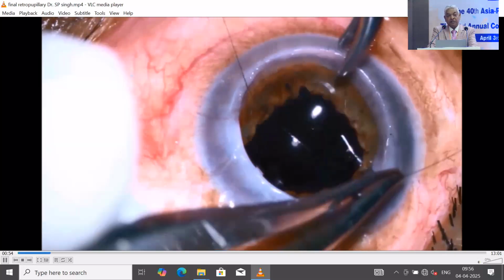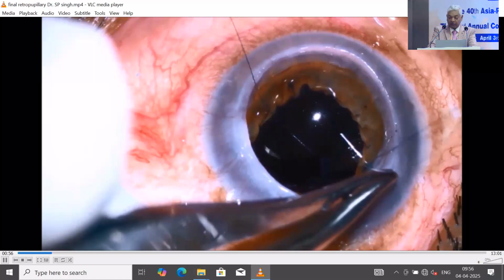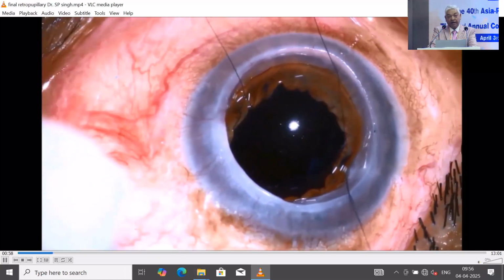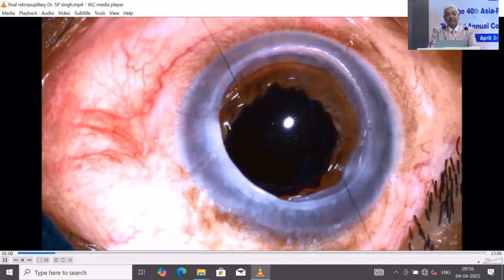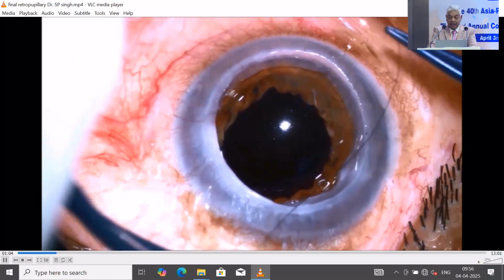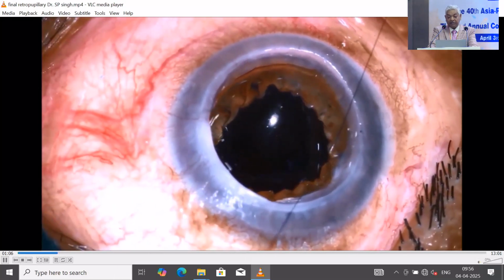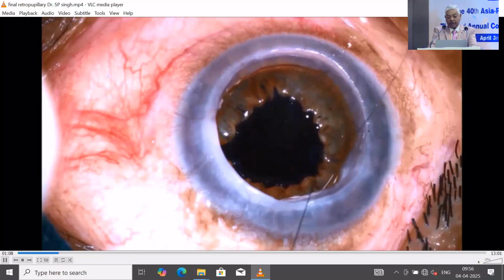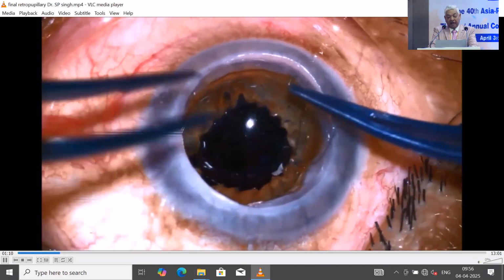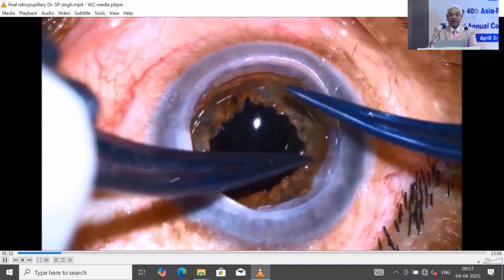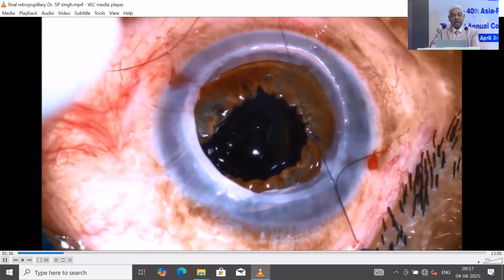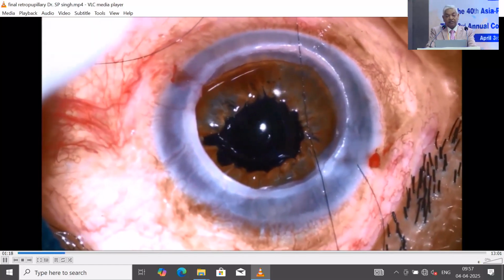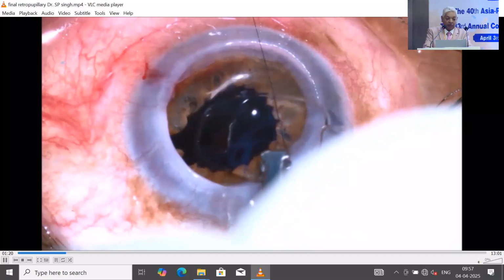So in multiple places you place the sutures all around the pupillary margin. That is the cerclage technique, the purse-string suturing technique. After passing the 10-0 sutures, you can tighten them, and you can see how the pupil can be brought back to the appropriate size of 4 to 5 mm.